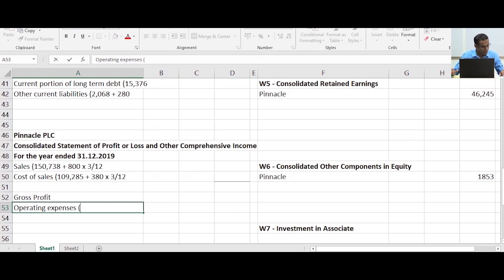There I am again taking the parent's figure 37,178 plus, that is Pinnacle's, then TEAC's 20. Okay, 20 into 3 upon 12, last 3 months.